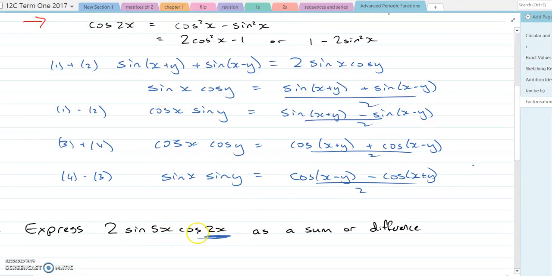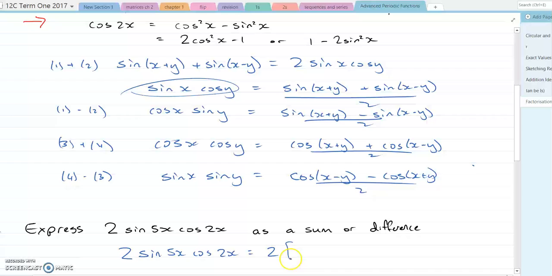It's just recognizing that this formula here, sine x cos y, is the one we're using. So we've got 2 sine 5x cos 2x equals 2 times this, the 2's are going to cancel out, yeah? I'll just put down 2 to start with.